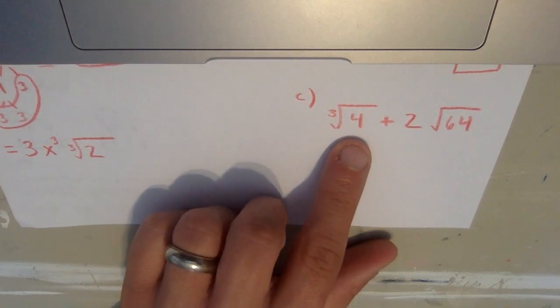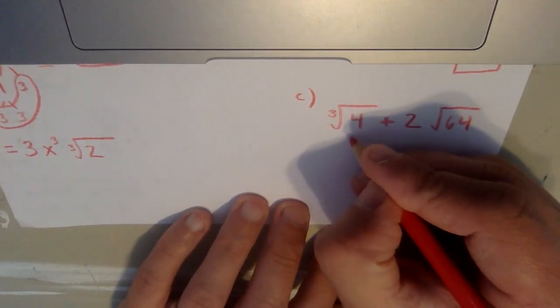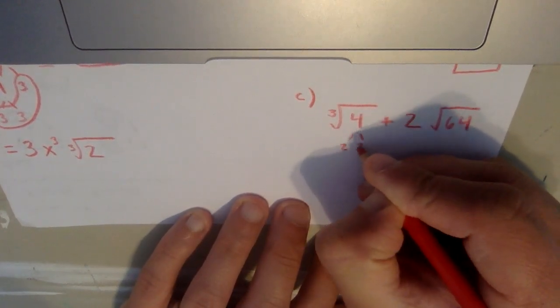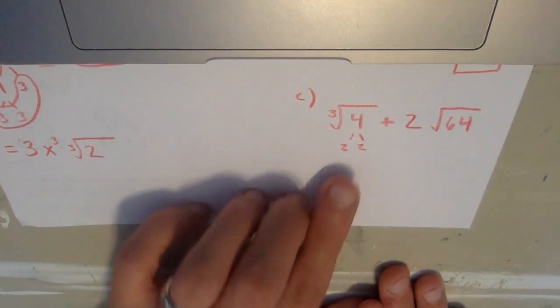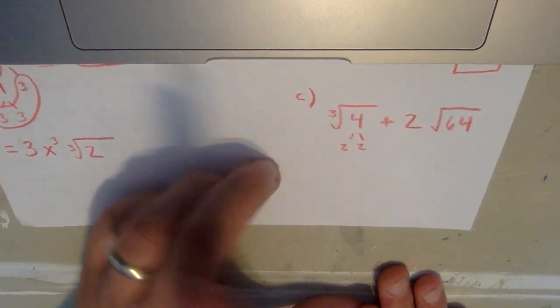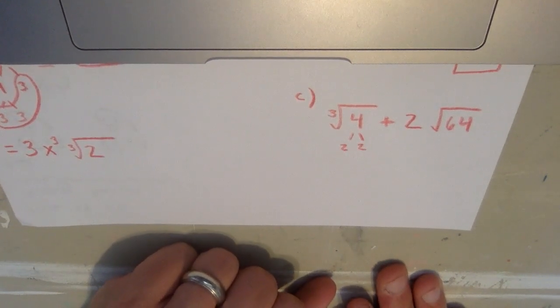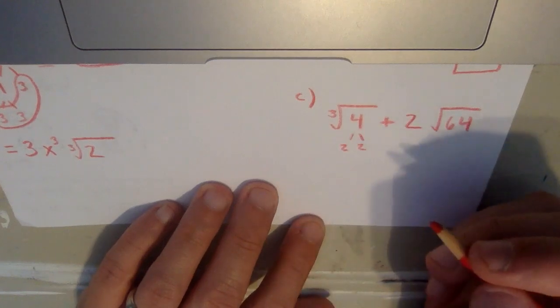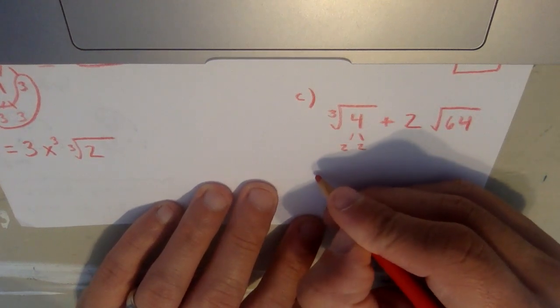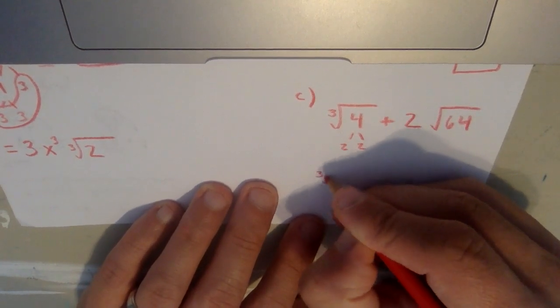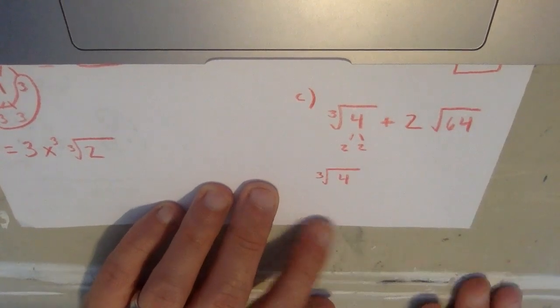Okay, so for this one, we can start to try to break this down. This would go into 2 and 2, and that's as far as it goes. And we need groups of 3, right? So we're just stuck there. That's not going to help me at all. Okay, so this is just going to stay exactly as it is. So that's still going to be the cube root of 4.